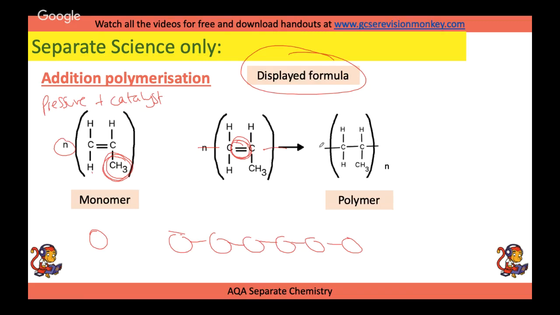Nothing else fancy, but you can see here the only difference is that I've broken up the double bond and extended it through the brackets to show that in fact this would be part of a long chain of loads of repeating units. Hence why we've got N there now, just to show that if you had 10 monomers, there'd be a 10 long chain of these repeating units.